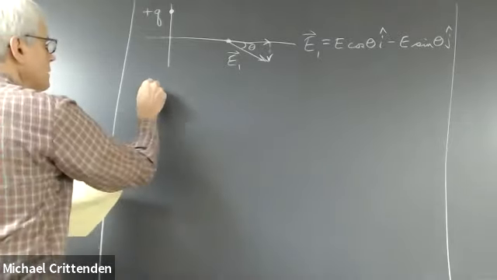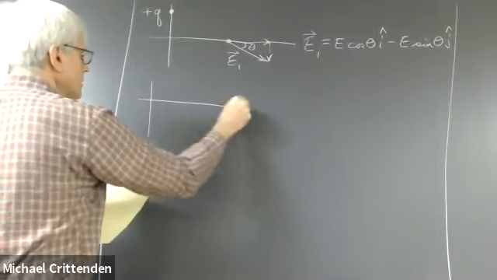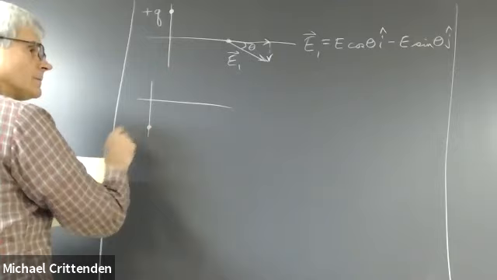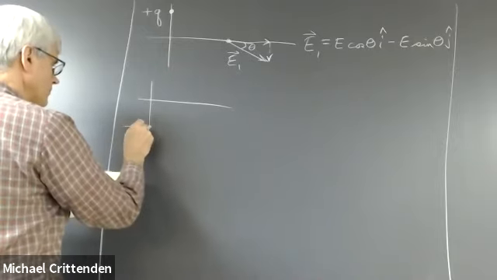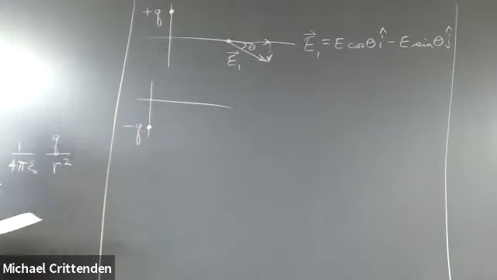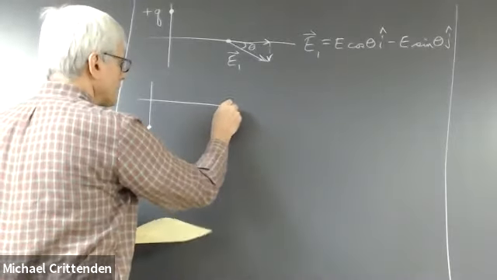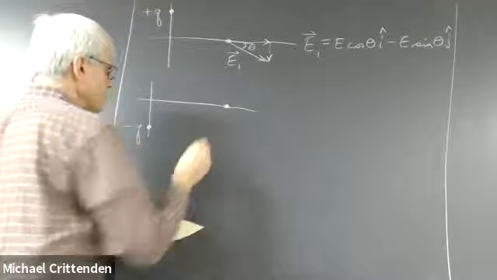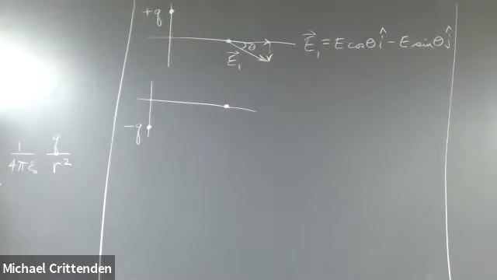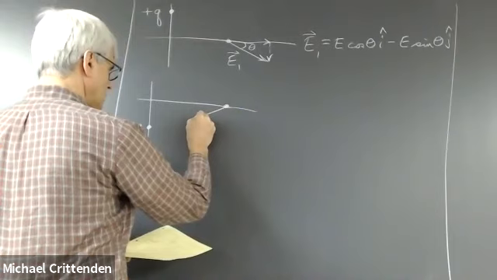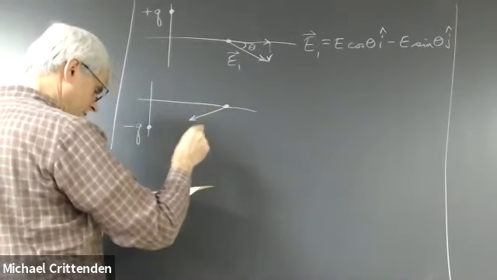The other one, point P is over here. Electric field lines point toward negative charges. So the field of this one is in that direction.